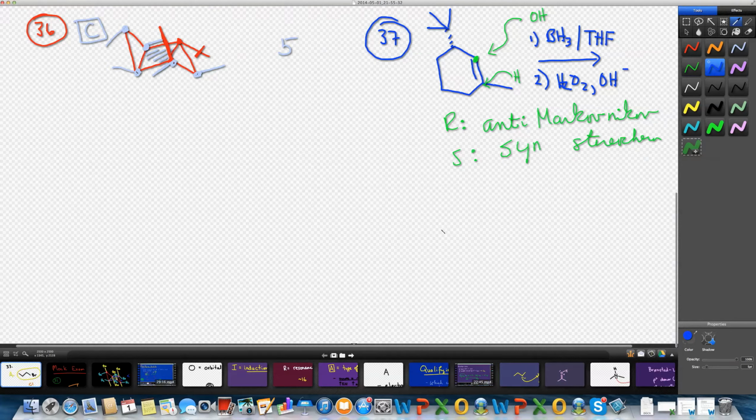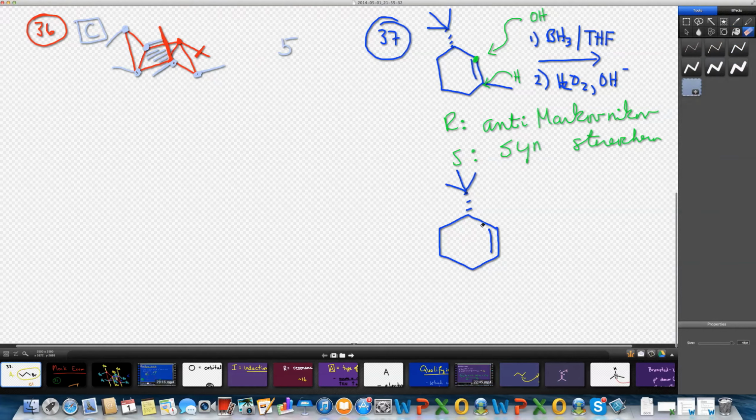Putting all this together, we can draw one of two diastereomers. And of course that double bond's gone now, so I'm going to get rid of that.